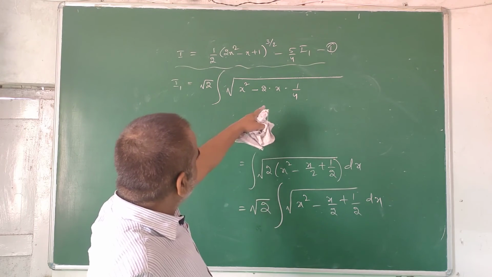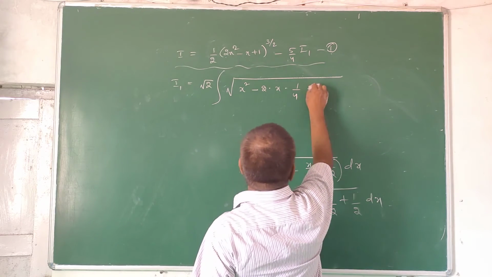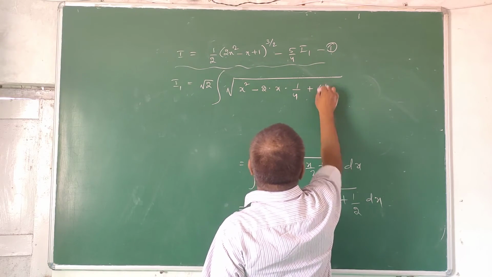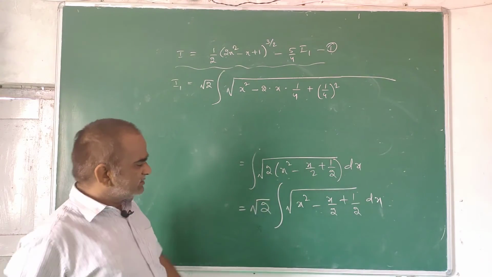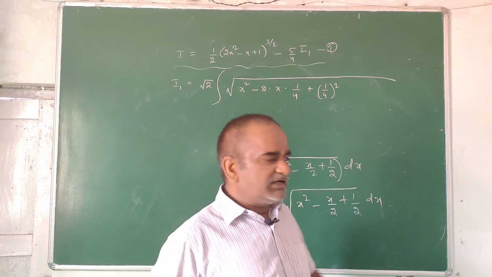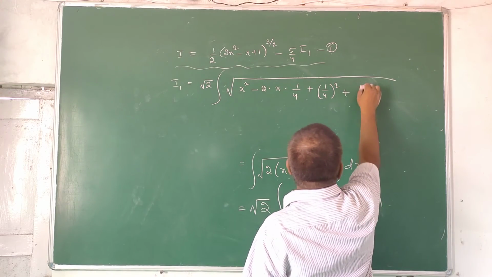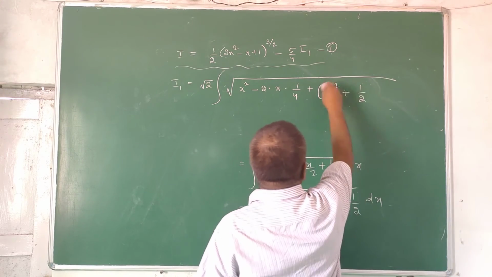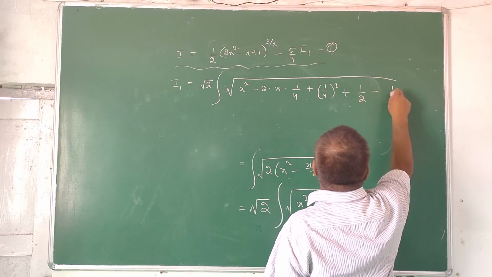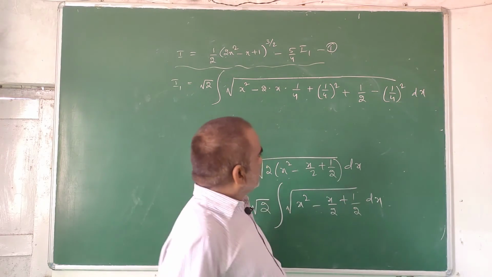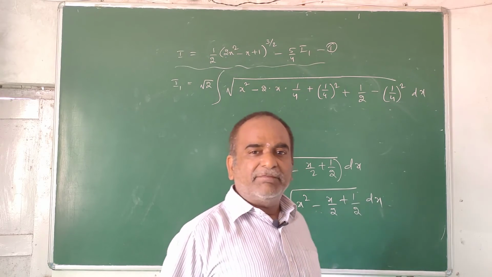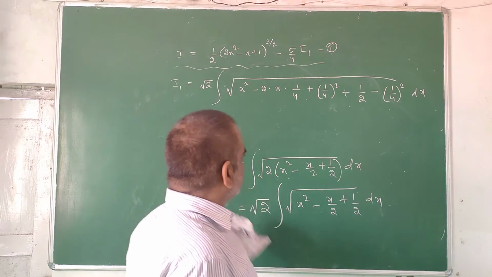So a square minus 2ab plus b square, so plus 1 by 4 whole square, added 1 by 4 whole square. Now the existing term is 1 by 2. So you have added 1 by 4 whole square, you have to subtract 1 by 4 whole square. So added and subtracted 1 by 4 whole square.